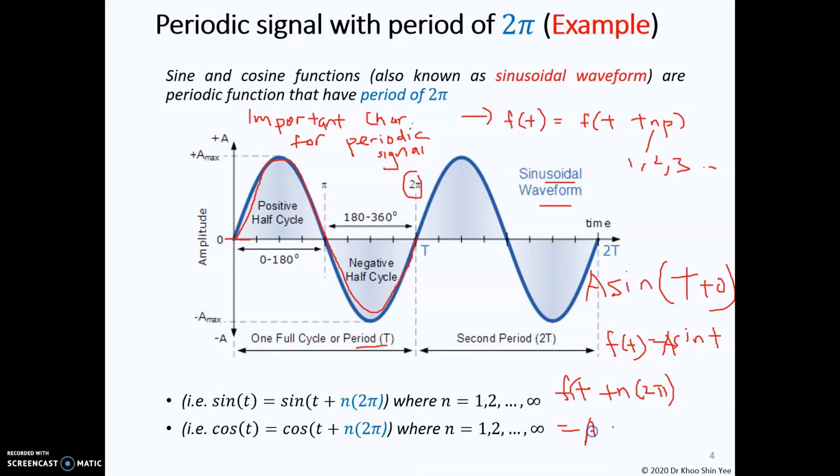So A sine, where your t is replaced by t plus n 2 pi. And you have to check whether your f(t), which is the left hand side function, is equal to the right hand side function here. If these two are equal, then we say it's a periodic function.